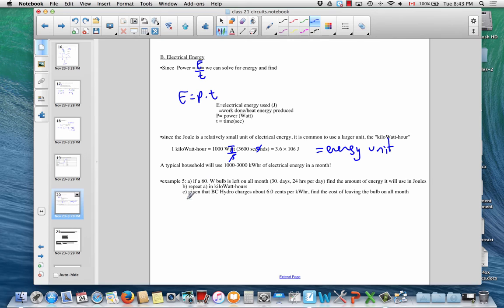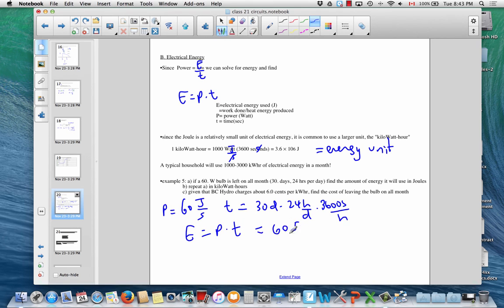So a 60 watt bulb, so that's using 60 joules every second. That's the power of the bulb. And we leave it on all month. Okay, so that's 30 days, 24 hours in a day, and then 3,600 seconds in an hour. And we want to find the amount of energy it will use in joules. Well, energy is the product of power and time.